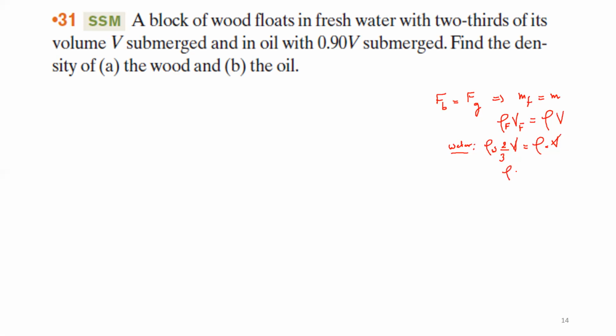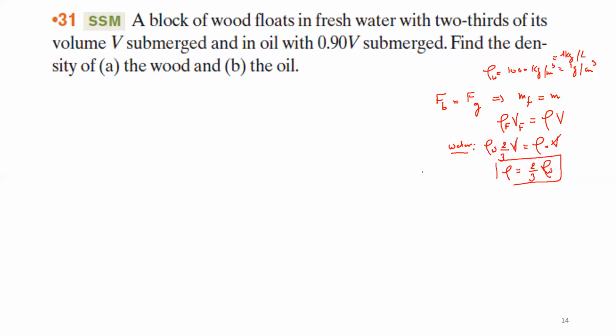So rho wood, which is the density of the wood, is just 2/3 of the density of water. Okay? And you know what the density of water is? 1,000 kilogram per meter cube, or a gram per centimeter cube, which is also a kilogram per liter. Okay.